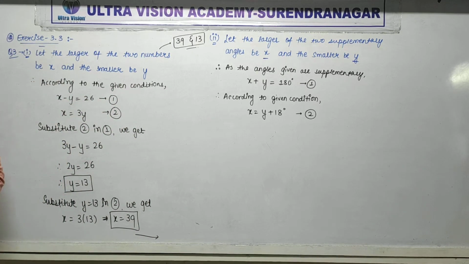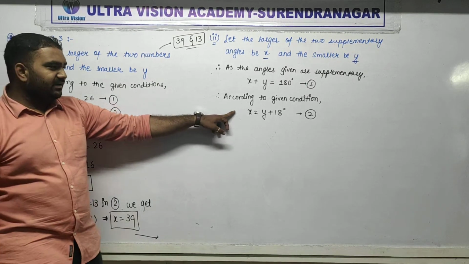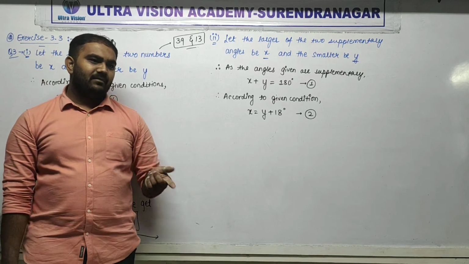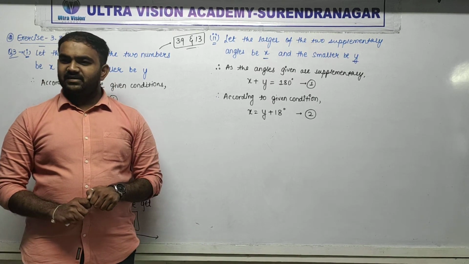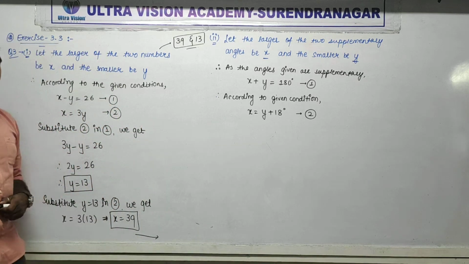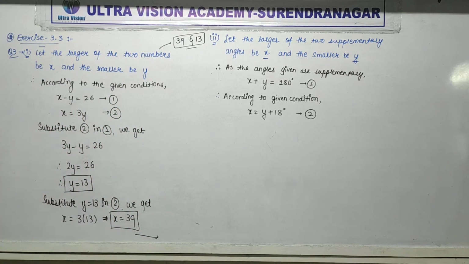If you call the larger angle 18 degrees more than the smaller one, or if you say the larger angle exceeds the smaller angle by 18 degrees, both the conditions will be same here. So the second equation is x equals y plus 18. Is it clear? Now you can see that the second equation is already in the subject of x. We can directly replace the second equation in the first equation.